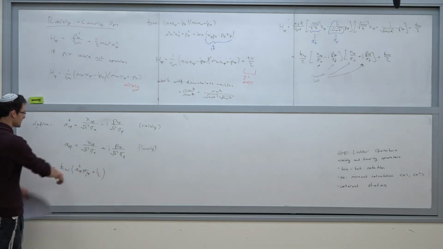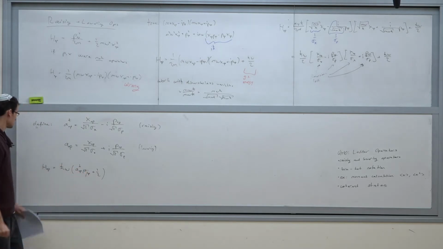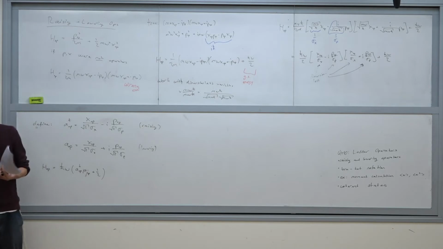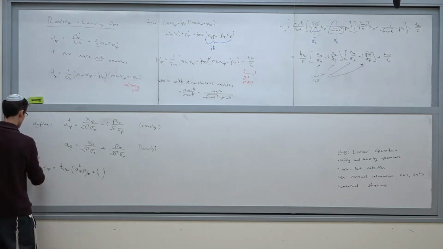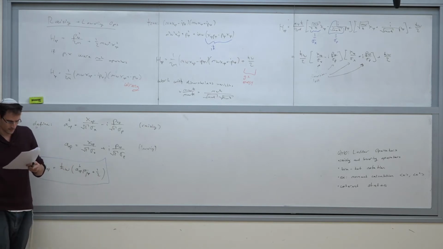It's A dagger A plus 1/2, where the units are outside, h bar omega. So from now on, this is our Hamiltonian operator. It takes a very simple form.